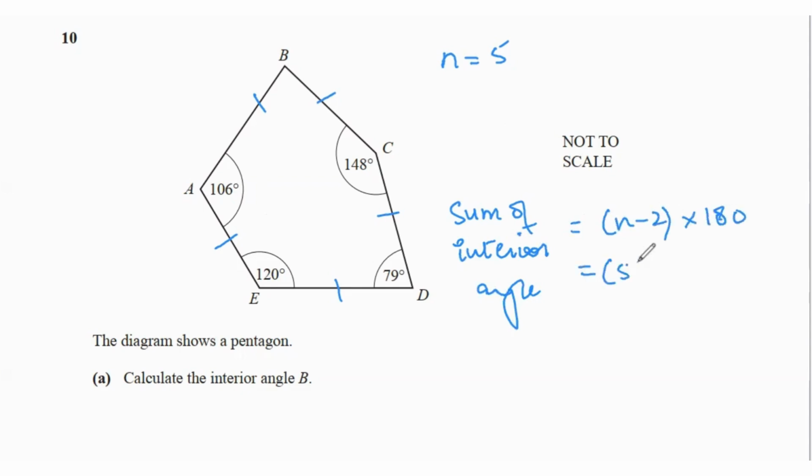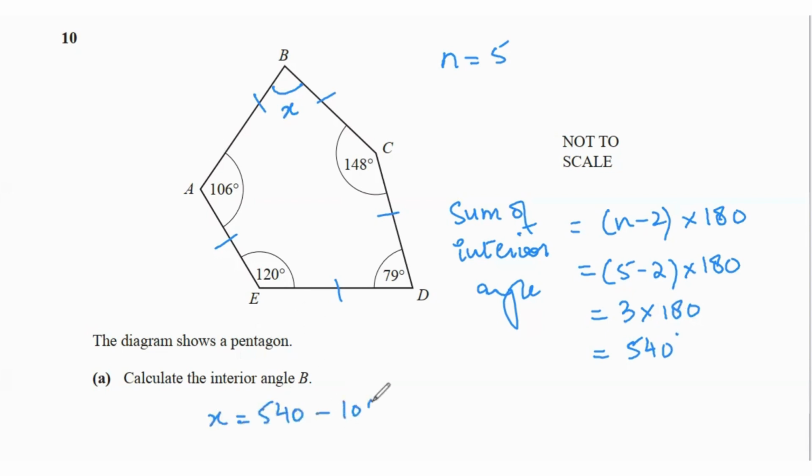That's going to be 5 minus 2 times 180. That is 3 times 180, and that gives us 540. So to find this angle, let's call it X, we'll do 540 minus all of these other angles. And that is going to give us 87 degrees. That's your answer.